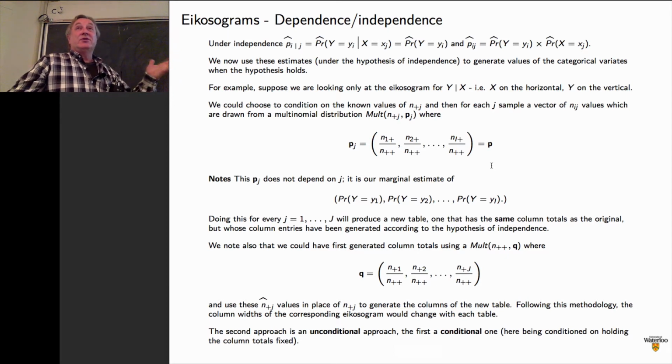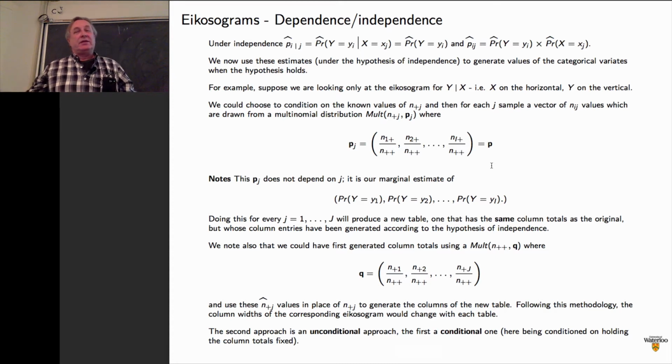We'll call that the conditional way. And the condition is that I'm not changing the x's, not changing how many x's are in each category. Alternatively, I could do this unconditionally, and what I'll do is I'll first generate how many x's go in each category. I'll do that using a multinomial based on the sums across all rows, the column sums, right?